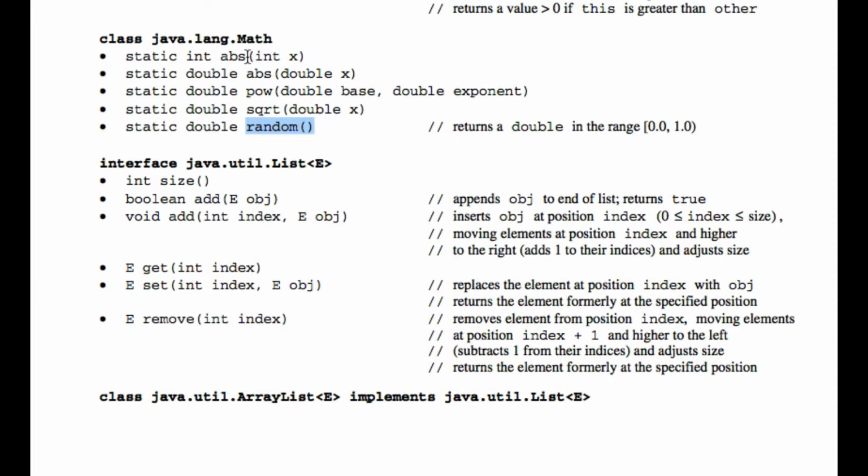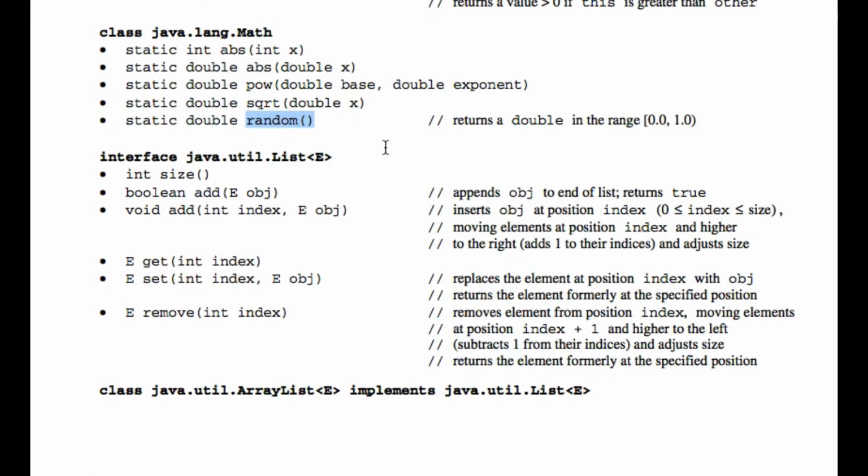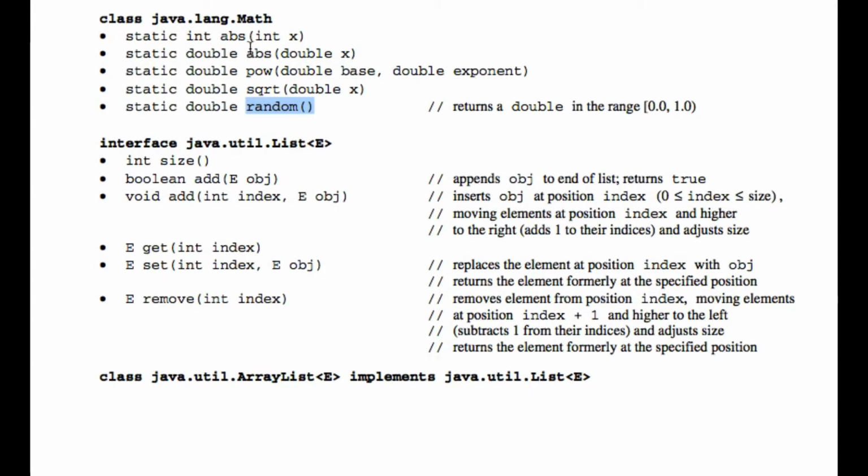And there's absolute value for ints and doubles, a power function, and a square root function. You may be asked to use these. It's very rare that you have to use these, but they're there if you need them. And you just write the word Math, dot, and then the function name.